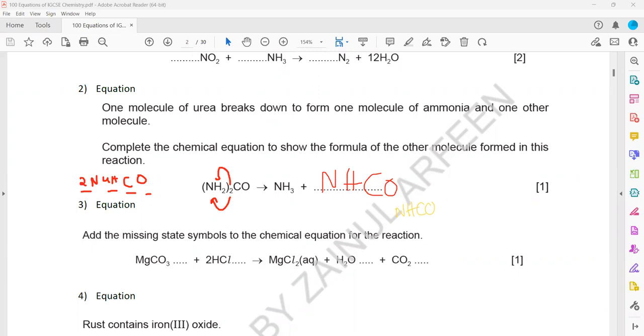So we just make the number of atoms on the left hand side and the right hand side the same. We were having 2 nitrogen, so 1 is already used, so 1 is left. 4 hydrogen were there. Out of 4, if 3 are used, 1 is left. And carbon and oxygen are not used. That's why we write in this manner.